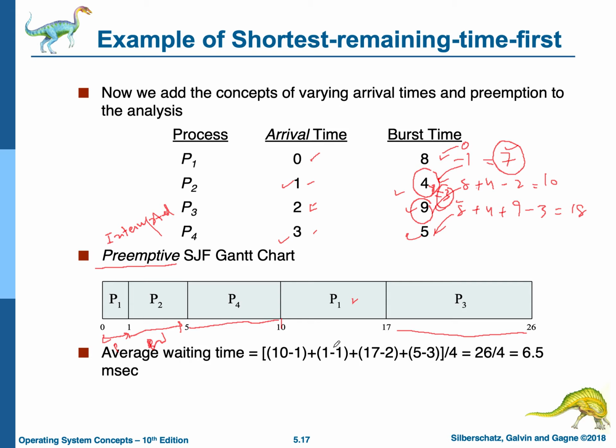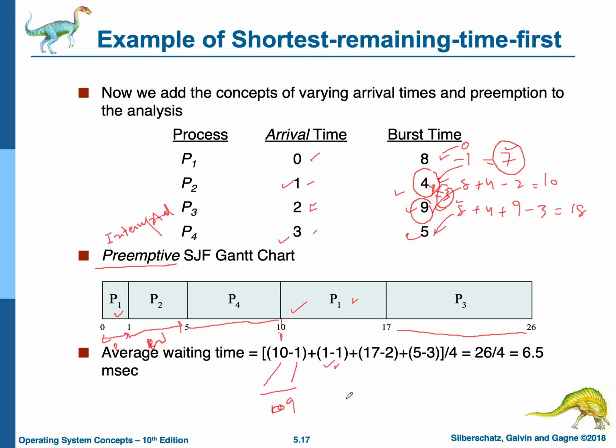P1 started at time 0 and was served for 1 second, and then it was resumed at the 10th second. So it has to wait for 9 seconds.